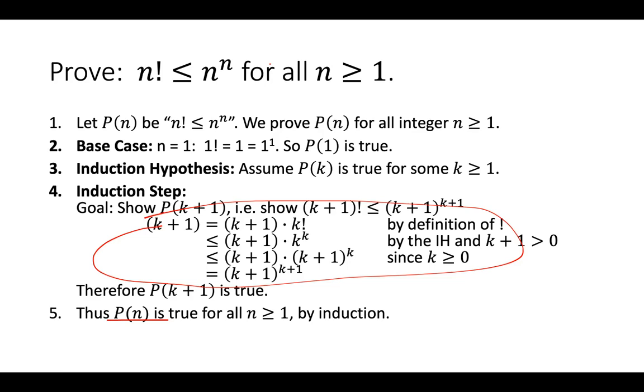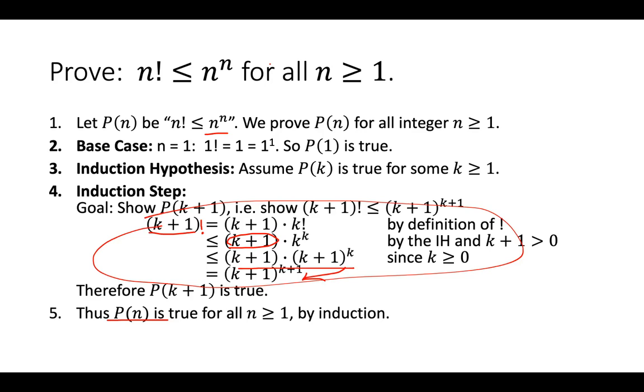So here is the step k plus 1. Factorial is equal to k plus 1 multiplied by k factorial. Right, we know that. And if we multiply this part to the P of k right side, k to the k's, it will be like this, and this will be smaller than this, and this will be like this if you apply this simplification.